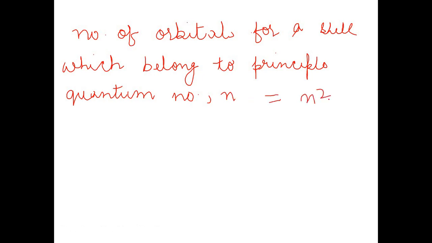In a very simple way, I want to explain this. By using this formula n square, we can calculate the number of orbitals in a shell.